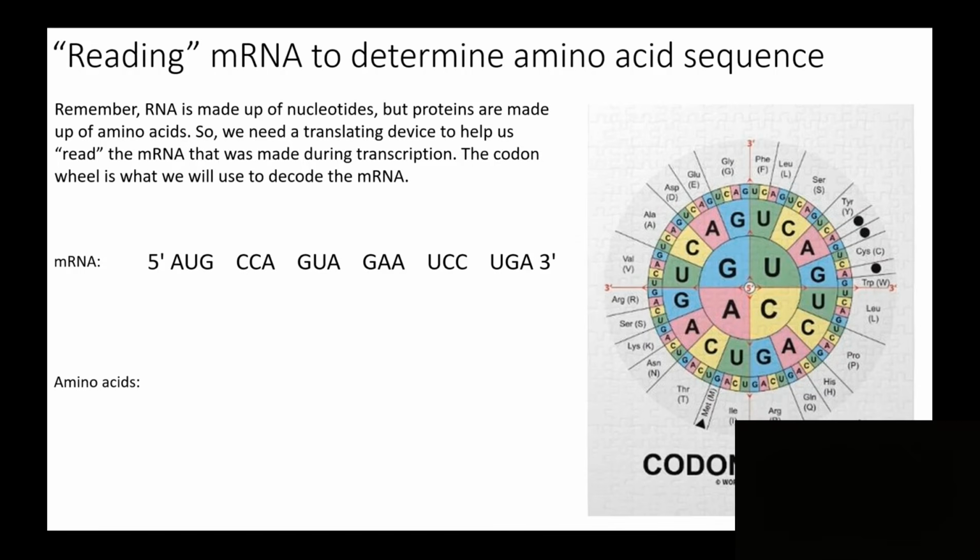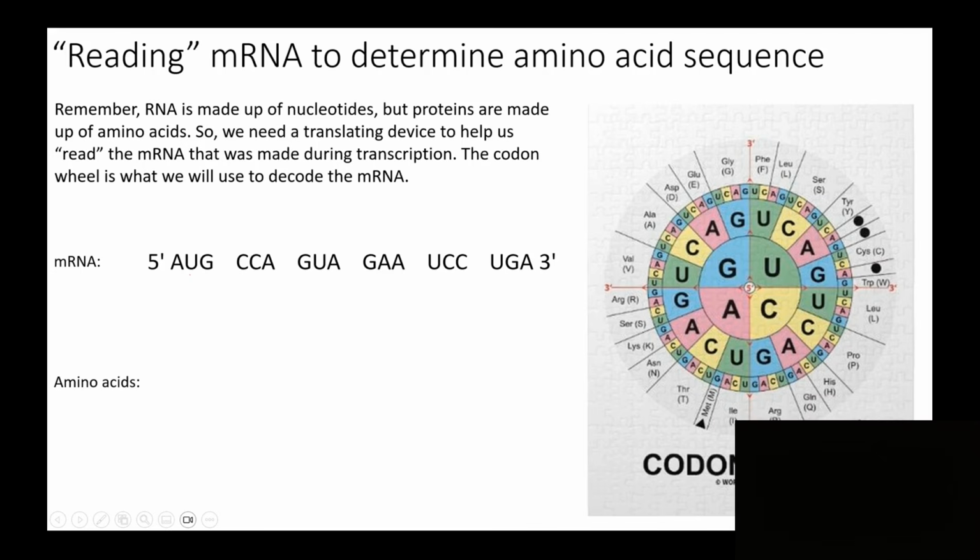So we have our mRNA sequence here, and had I not labeled it, you would have known that it's RNA because it runs 5' to 3', and it has uracil, the base U. Remember, you do not find uracil in DNA. So if I just showed you a picture of this sequence, you would say, aha, there's a uracil, so I know I'm looking at RNA, and then the 5' to 3' would confirm that because that's how RNA is made.